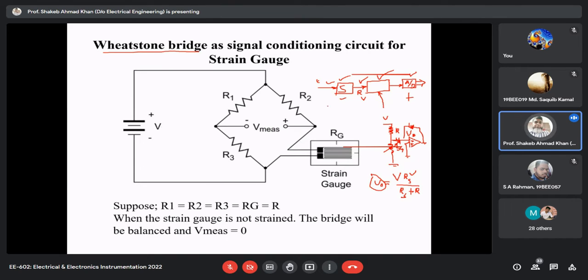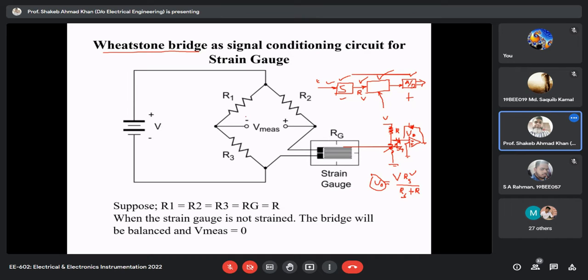So what exactly your bridge circuit is doing, it is doing the same thing that is done by the voltage divider circuit. Do you agree with it? Yes, sir.